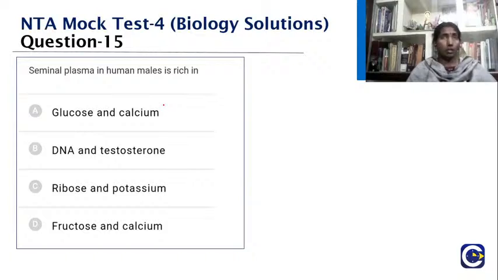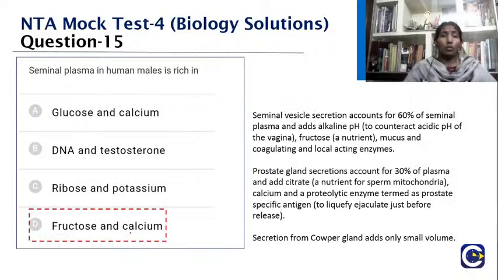The semen is a combination of fluid released from the prostate gland, the seminal vesicles and the bulbourethral glands. It not only gives the medium for transport, it nourishes the sperm, helps in lubrication during intercourse, and neutralizes the acidity in the vagina of the female. So it has a rich source of fructose and calcium.